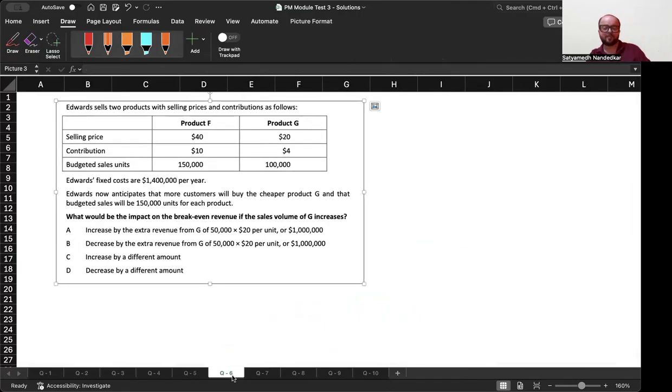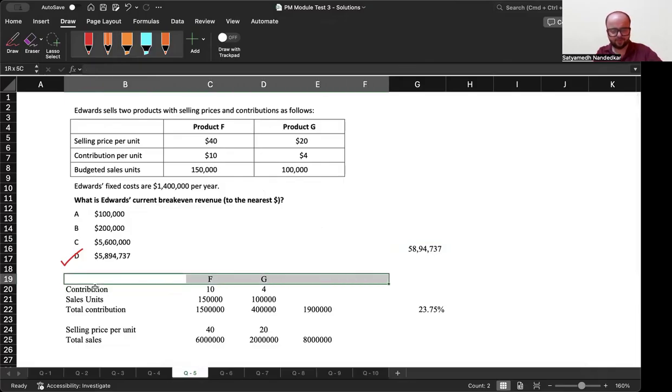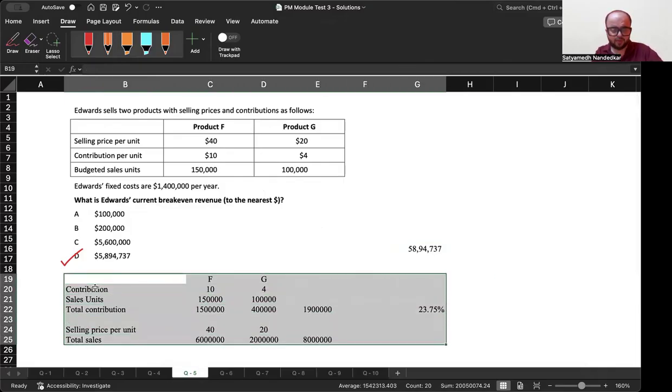Let's look at the next one. What would be the impact on the break-even revenue if the sales volume of G increases? Edwards sells two products with selling prices and contribution as follows. The data that you had earlier. Edwards fixed costs are 14 lakh. Edwards now anticipates that more customers will buy the cheaper product G and that budgeted sales will be 1,50,000 units for each product. What would be the impact on break-even revenue? Okay.